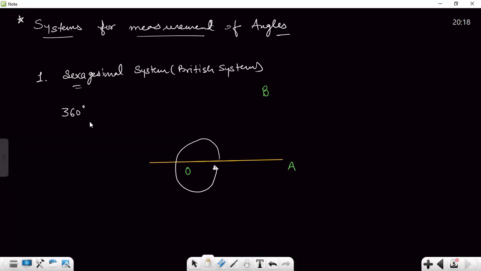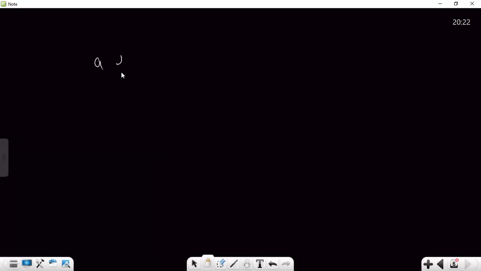It has covered 360 degrees while completing a circle in the British system. A full circle in the sexagesimal, that is the British system, is given by 360 degrees.